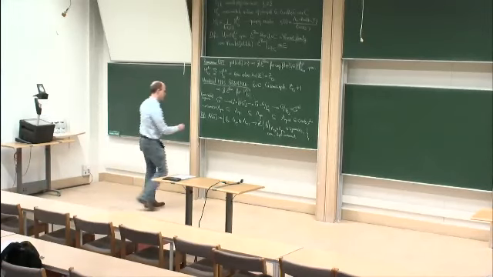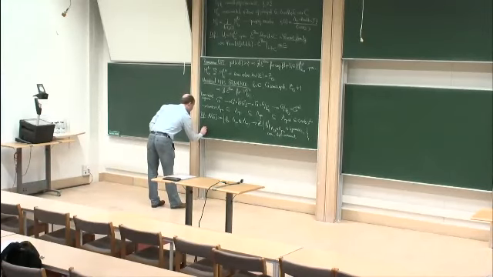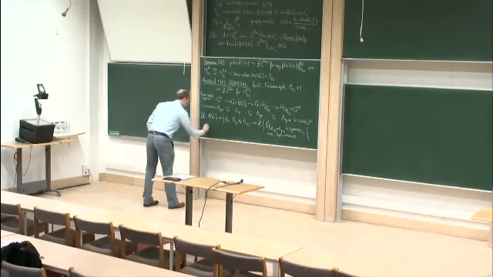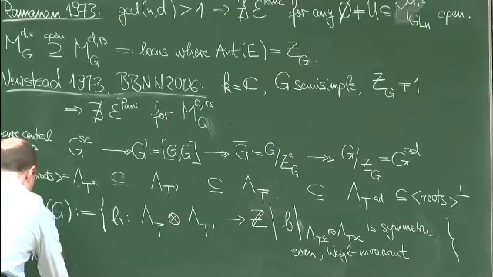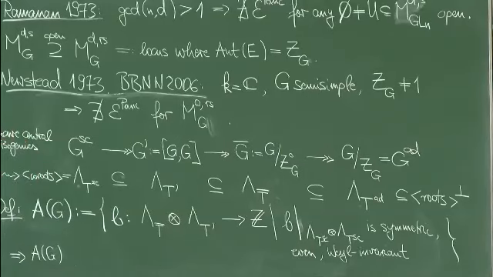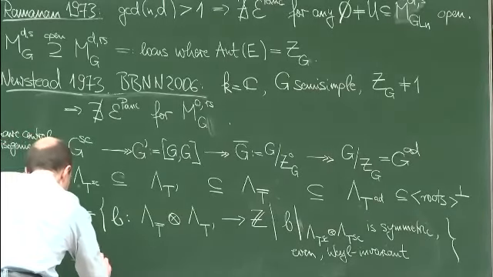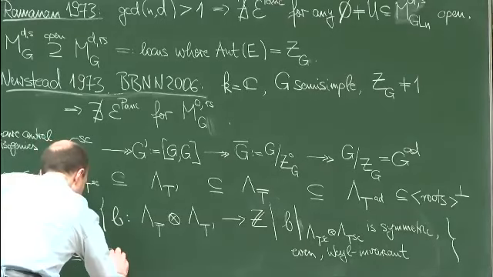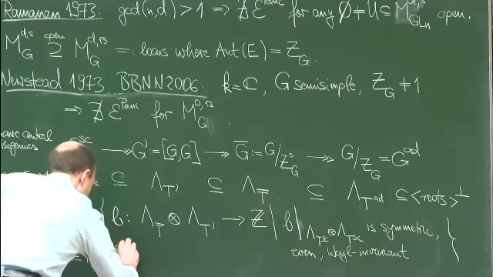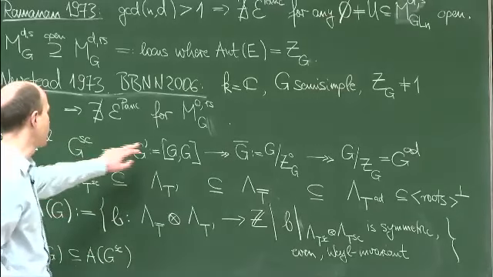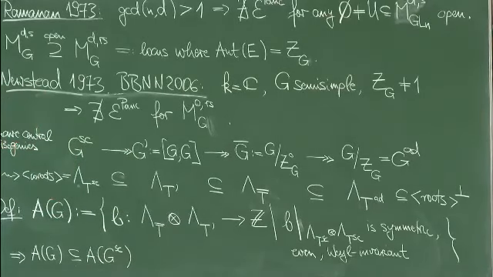And let me just explain a little bit that this is a very explicit object. So first of all, this sits inside as a subgroup of finite index in the group where you replace the group by the universal cover of its commutator subgroup, if you like.